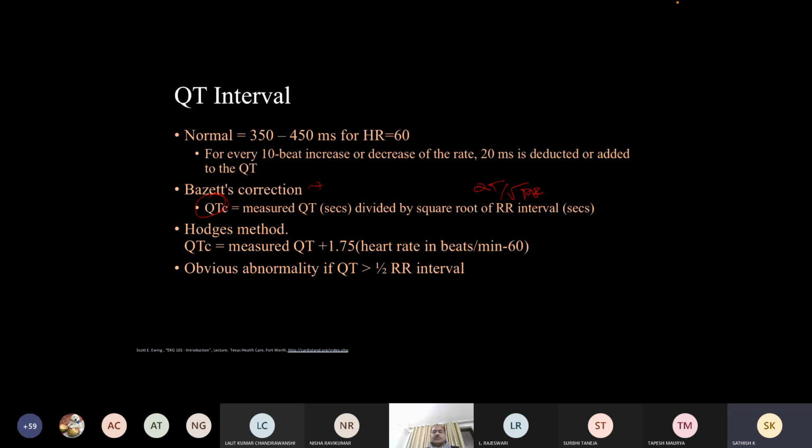The RR interval should be in seconds. Then Hodges method. Here QTc is calculated by measured QT plus 1.75 times heart rate in beats per minute minus 60. You can predict obvious abnormality if QT is more than half of the RR interval.